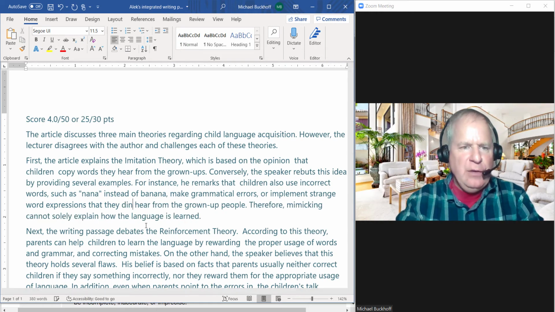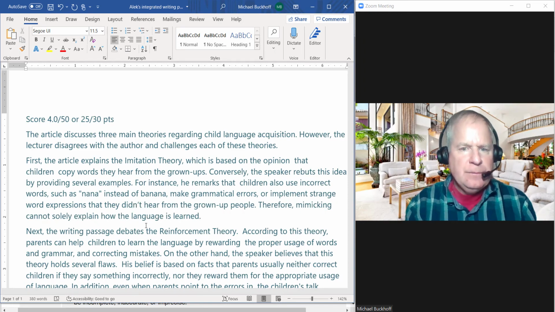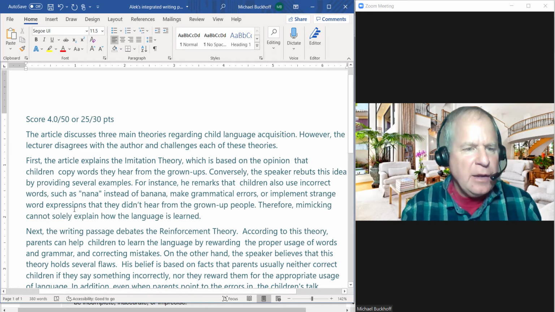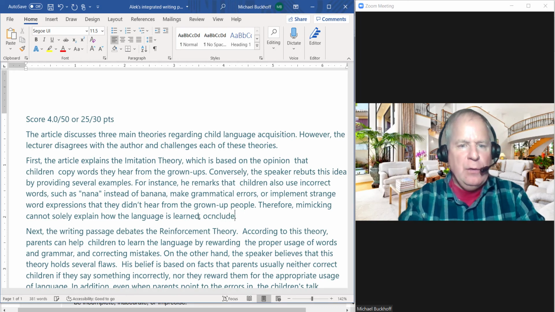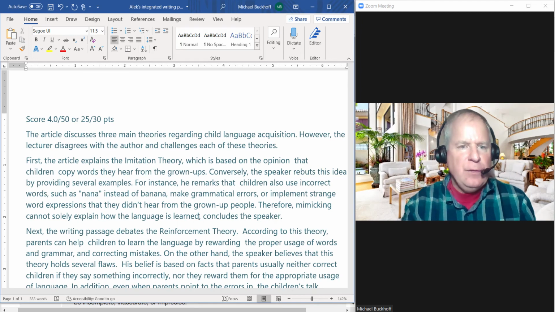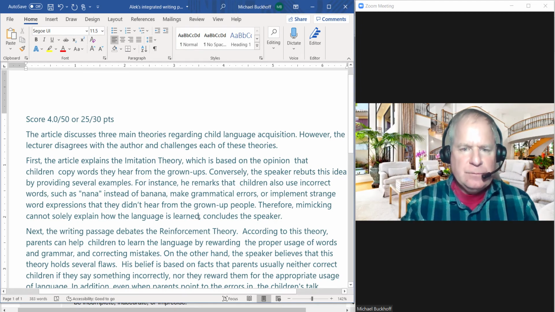I would use did not there. Therefore, mimicking cannot solely explain how the language is learned. Maybe put "concludes", put that voice marker in there. Concludes the speaker, you might say. And that keeps it all framed as a summary.